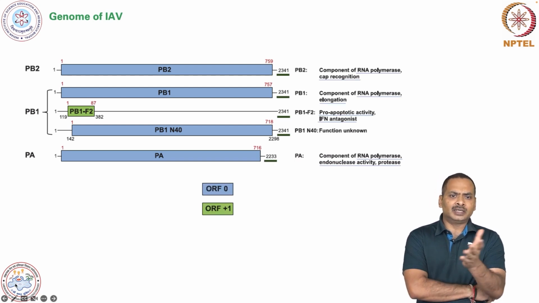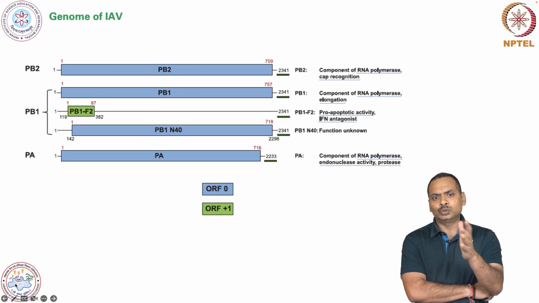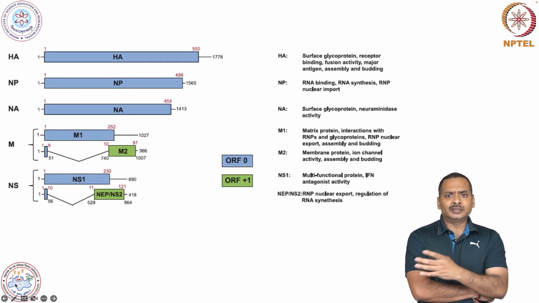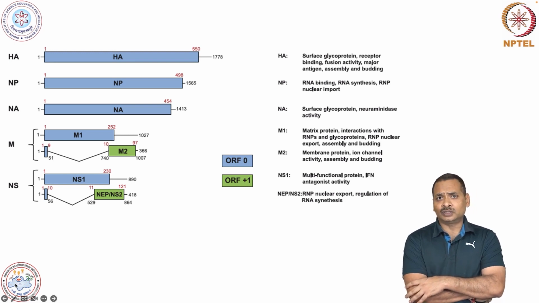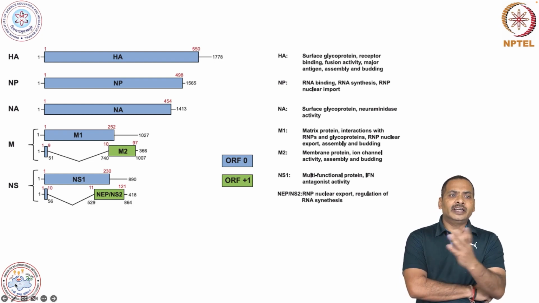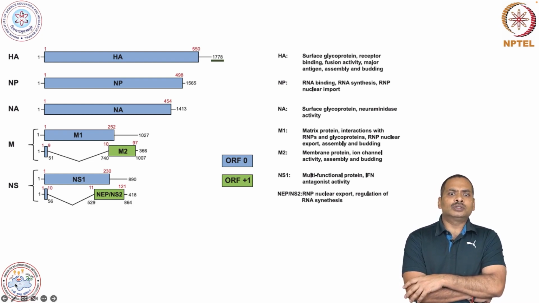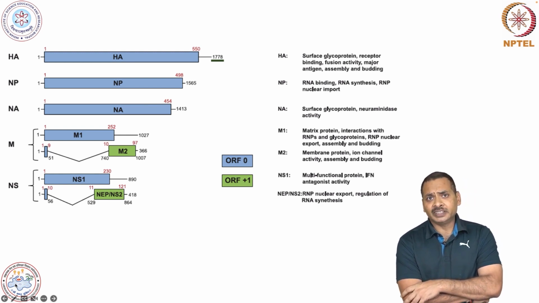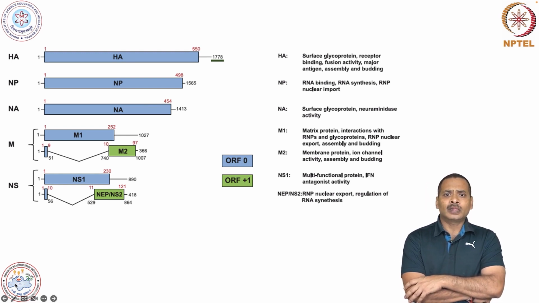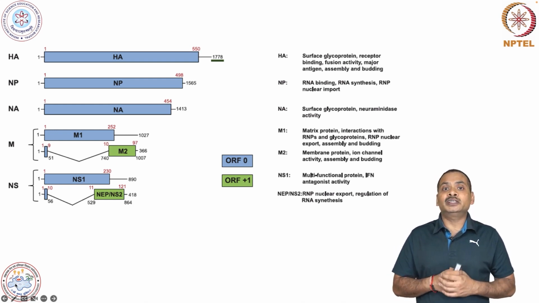Now there are several ORFs which I have shown you in blue as well as in green color. This is another genomic segment of influenza virus, which encodes the HA protein. The HA protein is about 1778 bases, and it plays a very important role in infection.